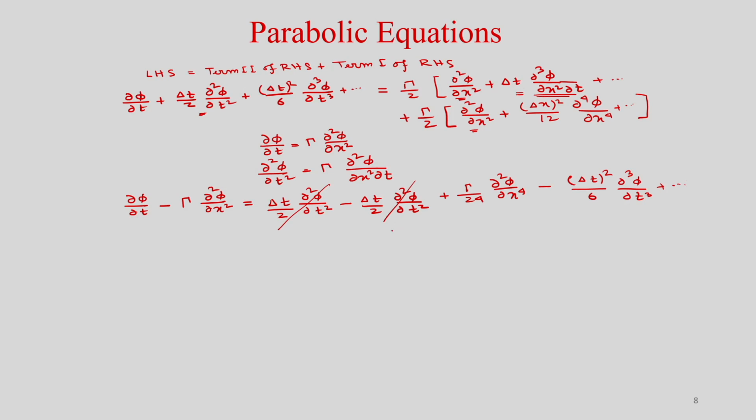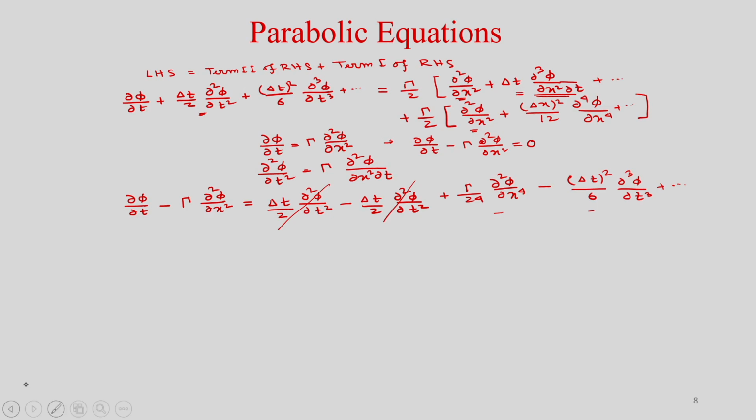Okay, so this gets cancelled out. So, you can see that your governing equation is this one. So, that means del phi by del t is equal to gamma del 2 phi by del x square. Okay, so this is equal to 0, but from the finite difference equation we got this additional term. So, this is your truncation error.